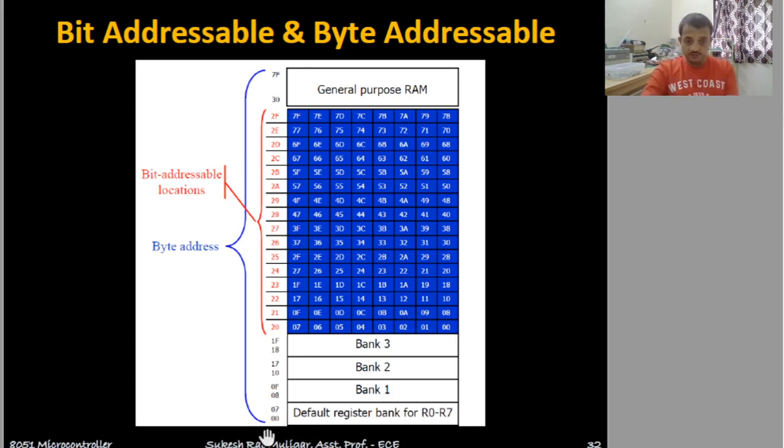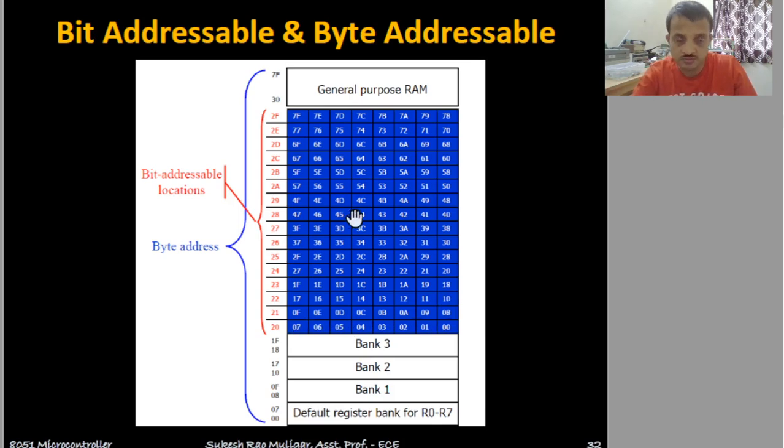Byte address refers to the entire RAM starting from location 00, which is R0 of bank 0, whereas bit address is the first location of this bit addressable memory, that is 20H. This 20H is divided into 8 bits, and each of these bits is addressed as 0, 1, 2, and so on till 7.